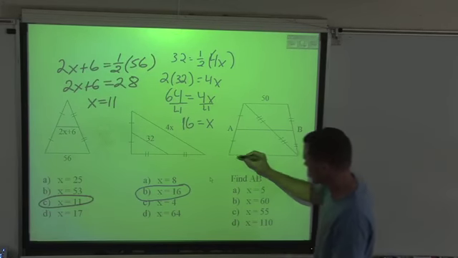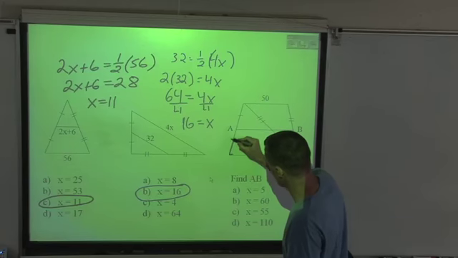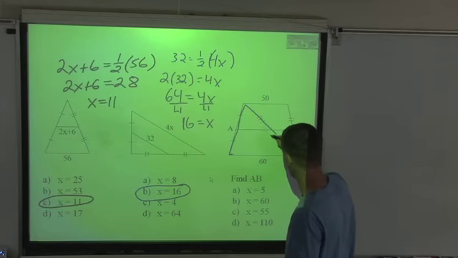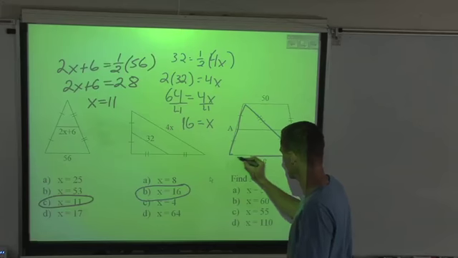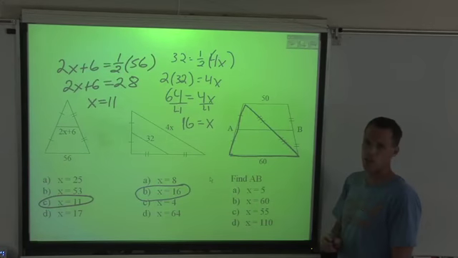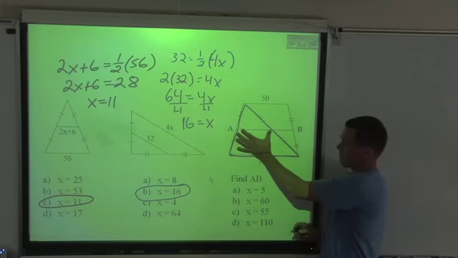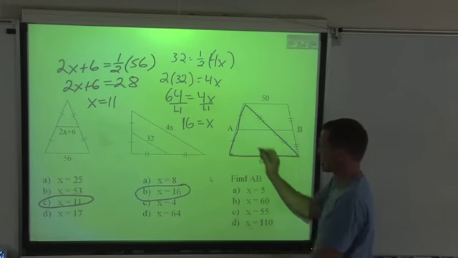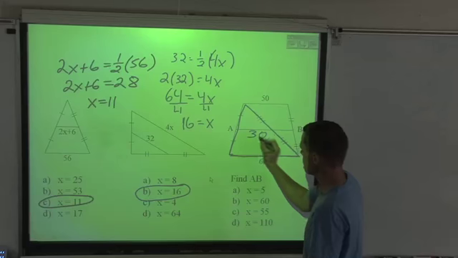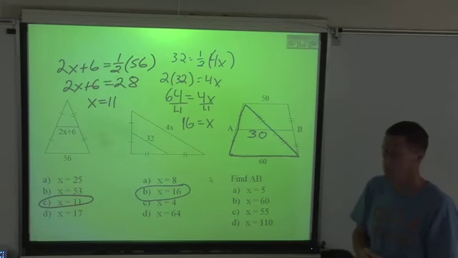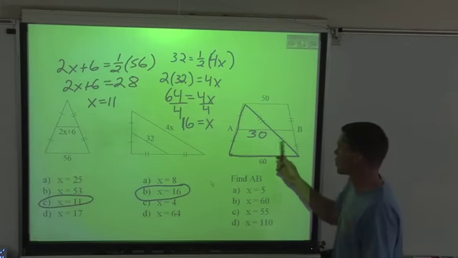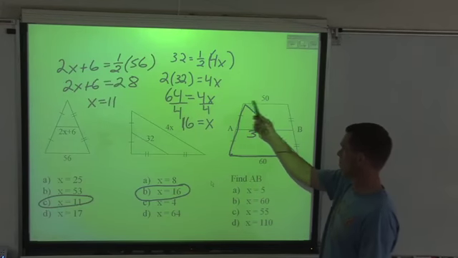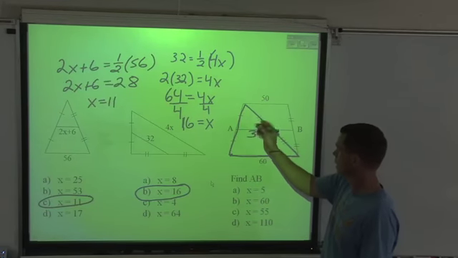So if we actually just look at the triangle that I will try to highlight in blue here, this midsegment right here must be 1/2 the third side. 30, half of 60.